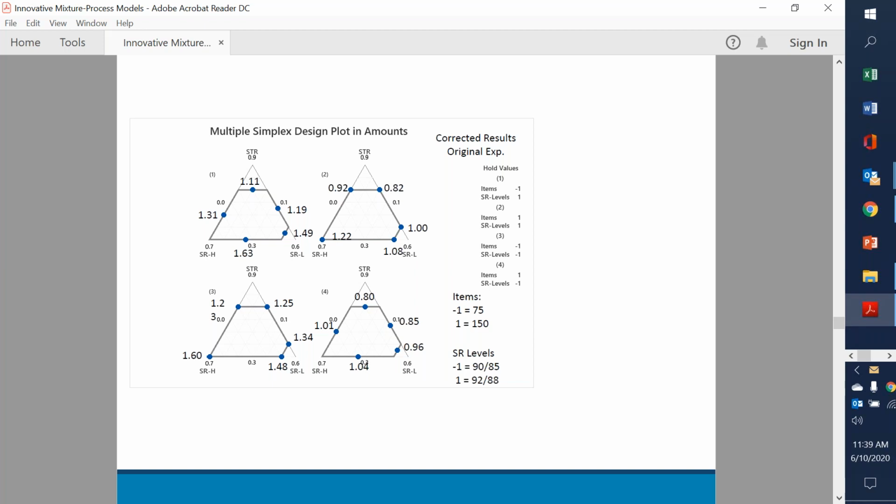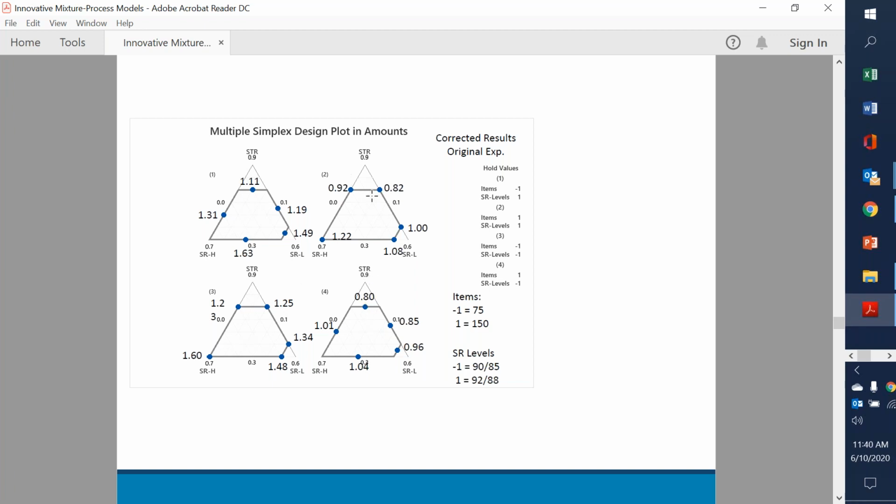The focus of how we did this was going back to the original paper. We fractionated the design in terms of the mixture components, with the vertices being one experiment. So here are the vertices, midpoints of edge, the others. These two are items at the low level.